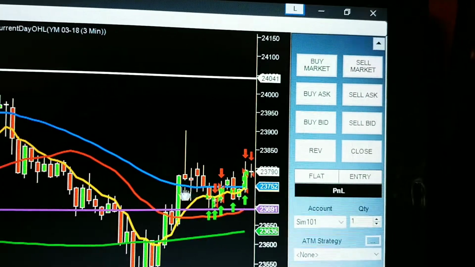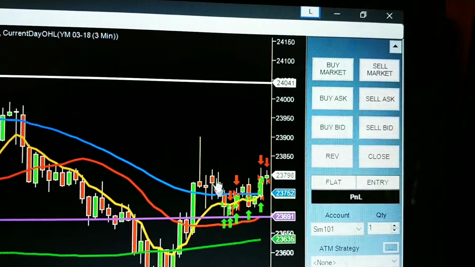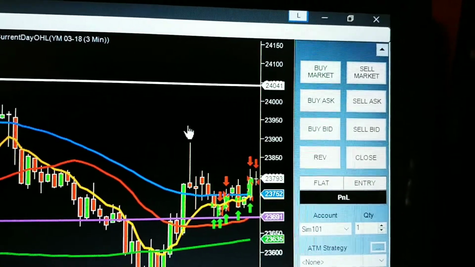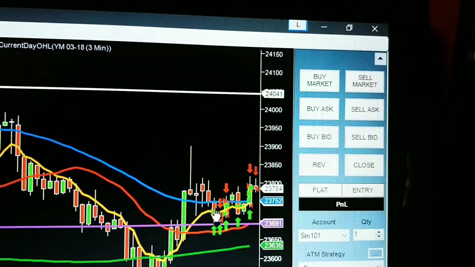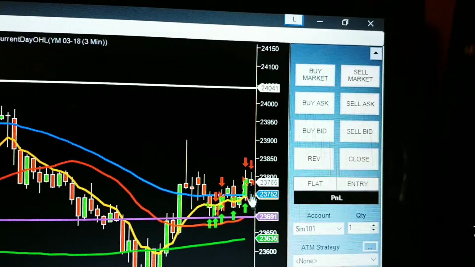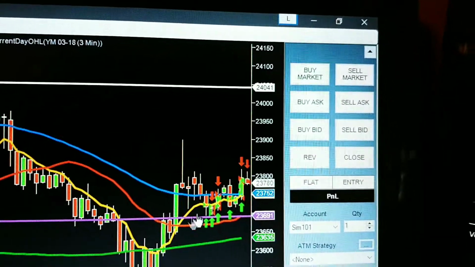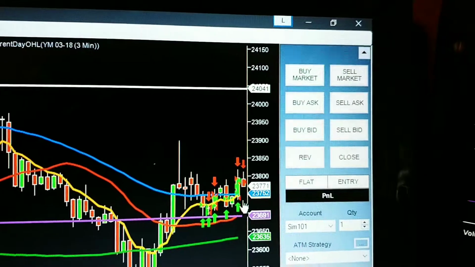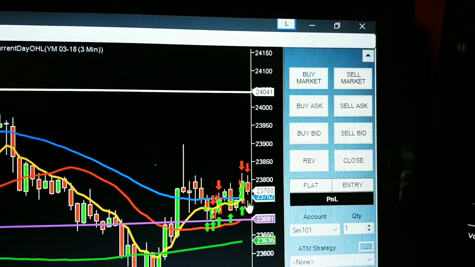And like I said, we operate off the premises of support and resistance. So these moving averages act as barriers either for resistance or support. So right now, because this candlestick is above all these moving averages, we're looking at this 50 moving average and this 8 to be some support.